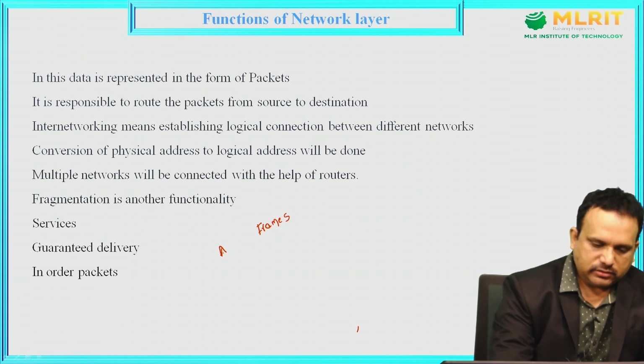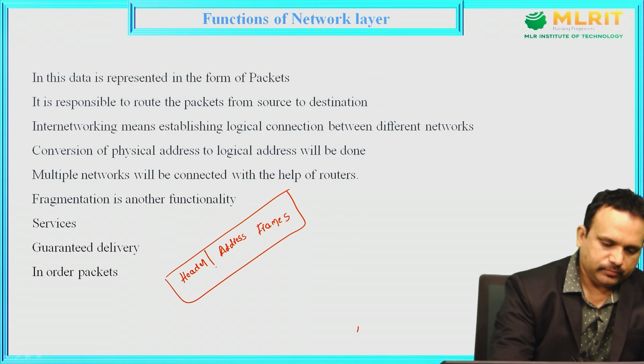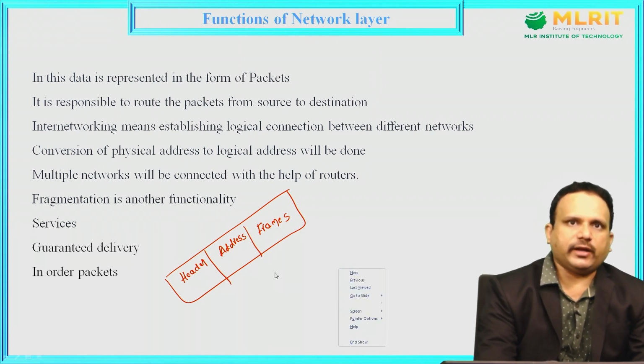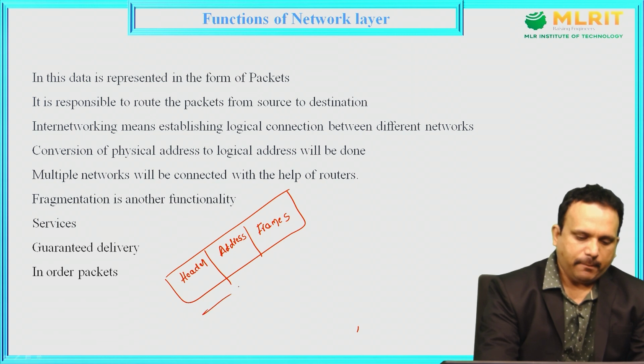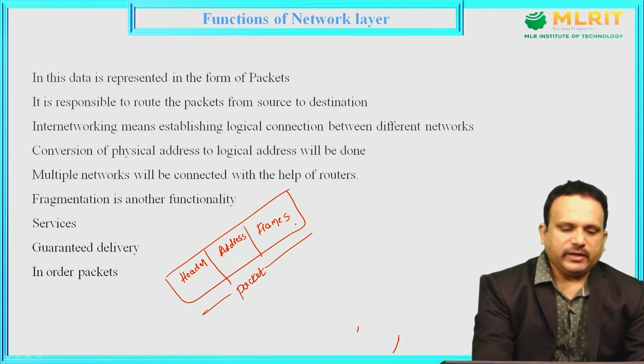So, the combination of header, address and frames, we call this entire thing a packet. In the data link layer, the data which is in the form of frames is being converted into packets.